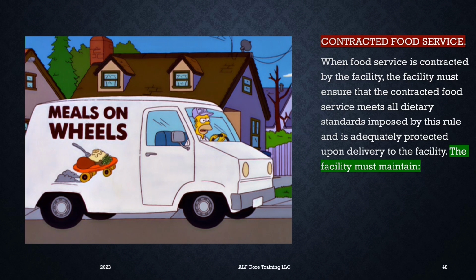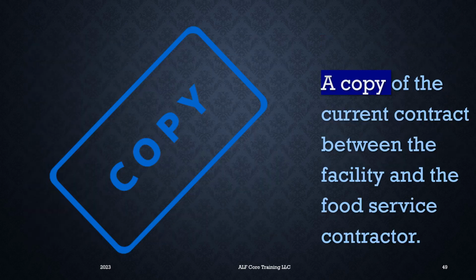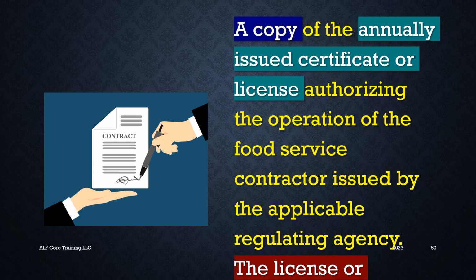The facility must maintain a copy of the current contract between the facility and the food service contractor, and a copy of the annually issued certificate or license authorizing the operation of the food service contractor issued by the applicable regulating agency.